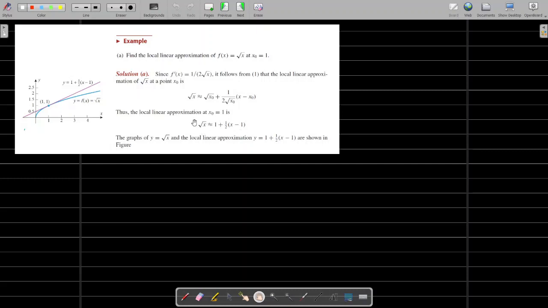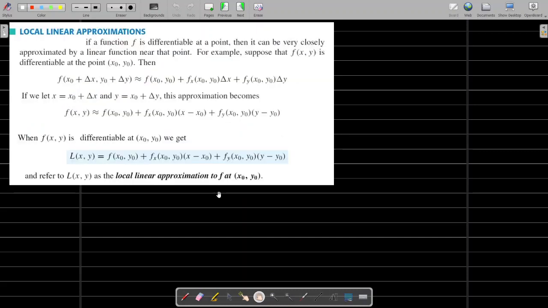So if you want to find an approximate value of root x near the point x naught equal to 1, you can use this linear function 1 plus 1 by 2 into x minus 1, or in some complex scenarios, if root x comes, then you can simplify that non-linear equation into a linear one using this expression. But you must understand it is just an approximation. It will involve an error. So this can serve as an approximate value of root x.